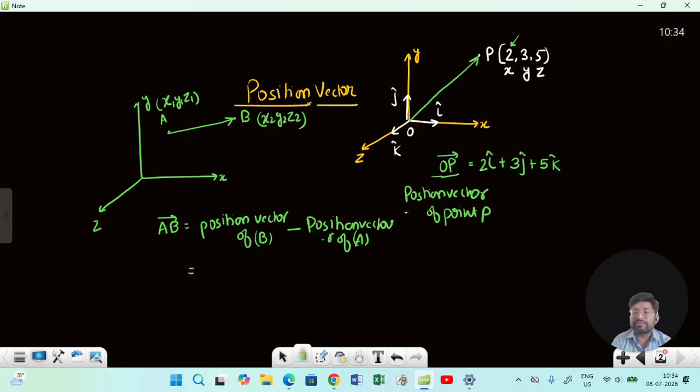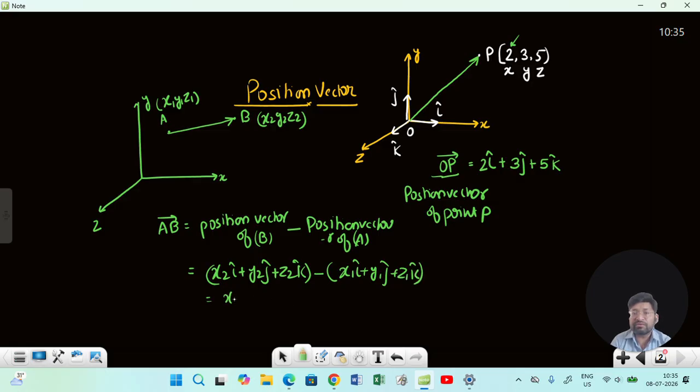We will write it like this, as we had written with point P. So the position vector of point B will be x2 i cap plus y2 j cap plus z2 k cap, minus the position vector of point A, which will be x1 i cap plus y1 j cap plus z1 k cap.